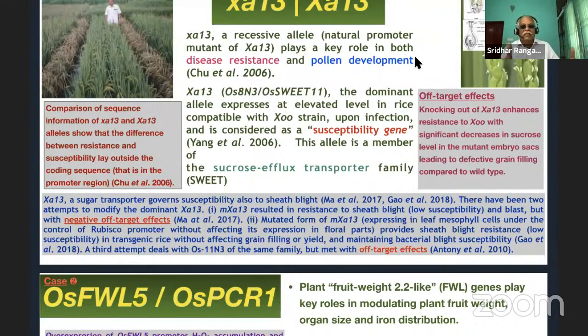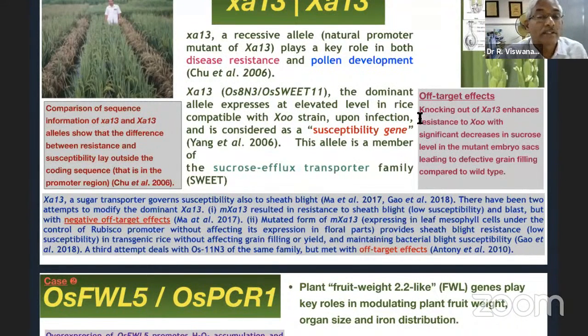They wanted to produce another effective XA13 resistant gene. When they modified the gene using RNA silencing and all the technology that is available, the plants that came out showed off-target effects, or knocking out of XA13 enhances resistance.